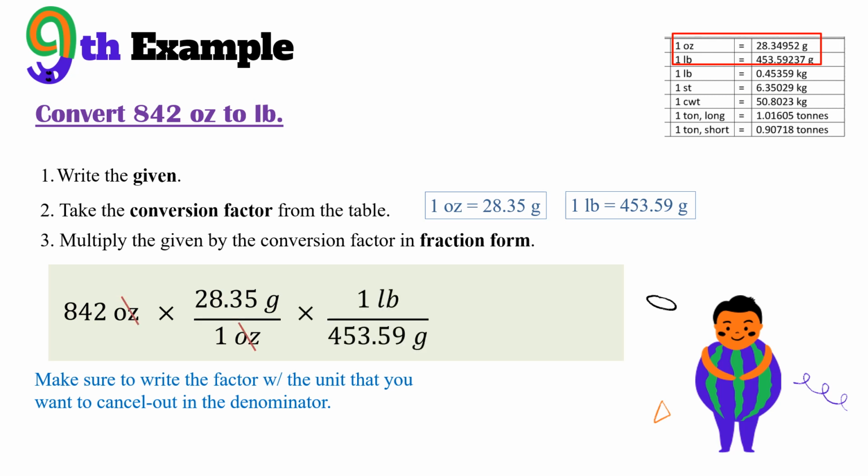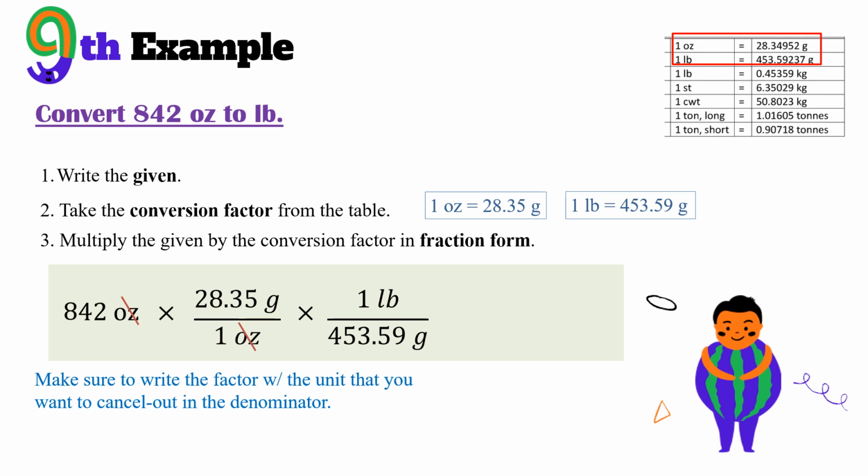We will multiply again the given with the second conversion factor. So that's 1 pound equal to 453.59 gram. So you write the factor with the unit gram in the denominator. So that's 453.59 gram, and then 1 pound in the numerator.